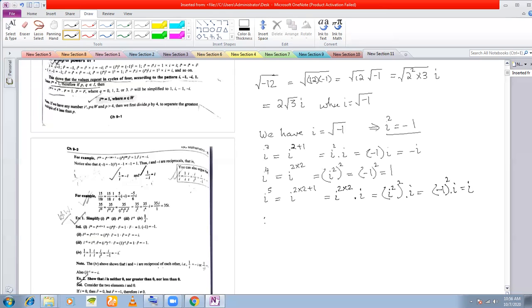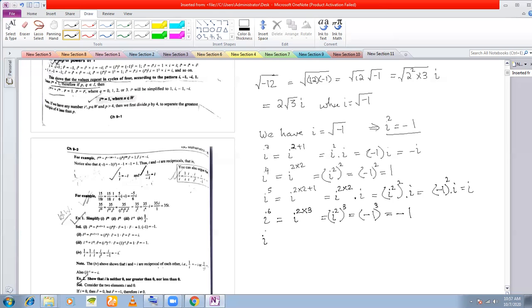i to the power of 6 can be written as some power of i square, and then multiply it by 3. So this becomes i square cube. That means minus 1 cube. And you know the odd power of a negative number is negative. So this becomes minus 1.